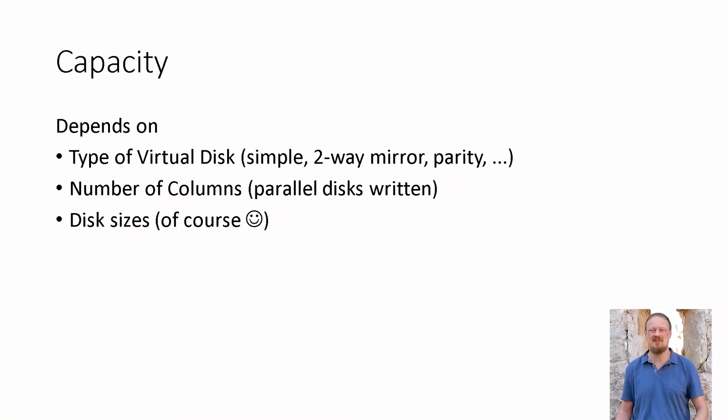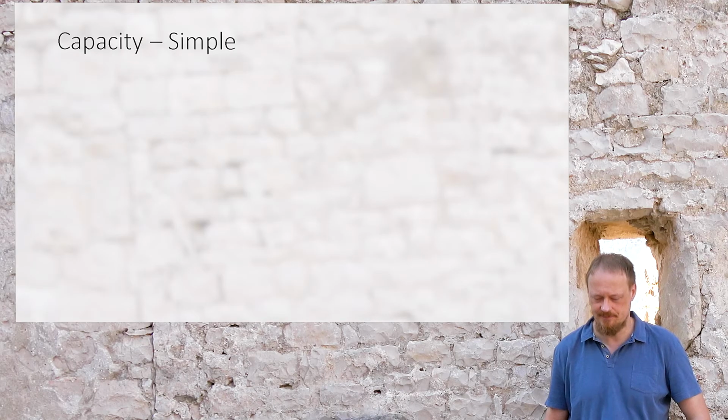Capacity, finally: how to calculate capacity. It depends on virtual disk type: simple, mirror, parity. It depends on the number of columns, of course, and on disk size, of course. So let's see for simple resiliency, which means no resiliency.